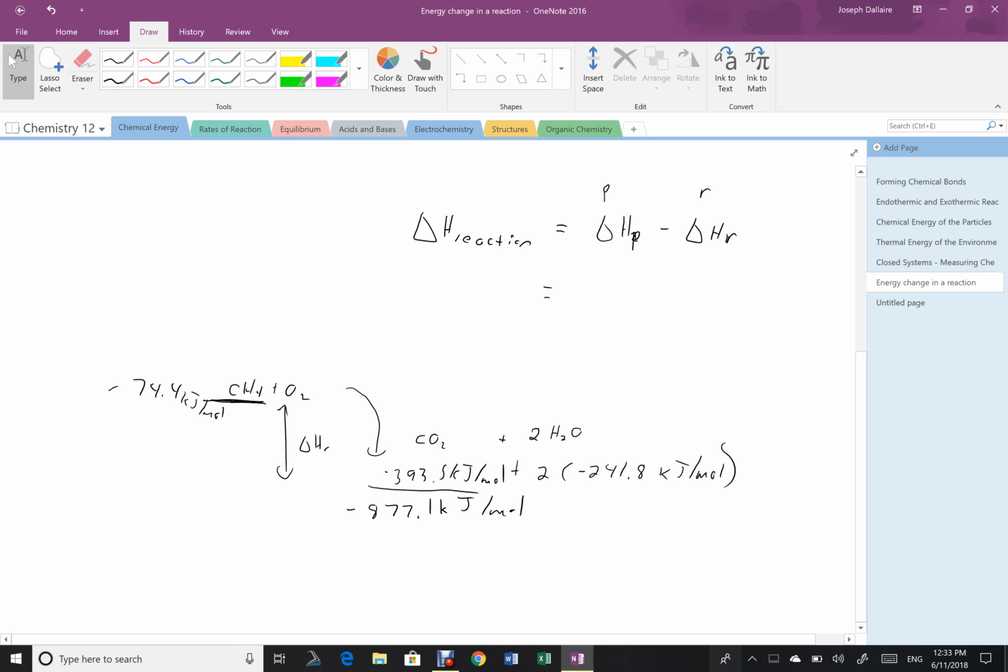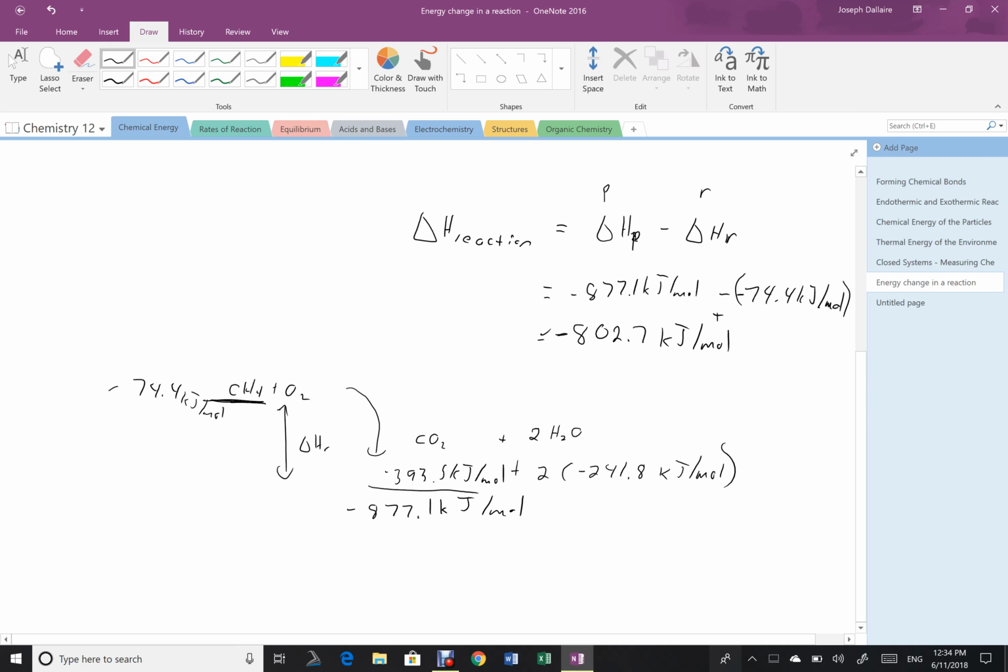And so my delta H for my products in total is negative 877.1 kilojoules per mole, and for my reactants it was negative 74.4 kilojoules per mole. So my total change is negative 877.1 minus negative 74.4, which works out to be negative 802.7 kilojoules per mole.